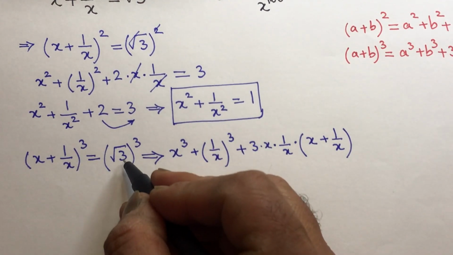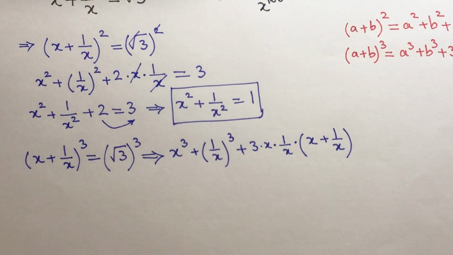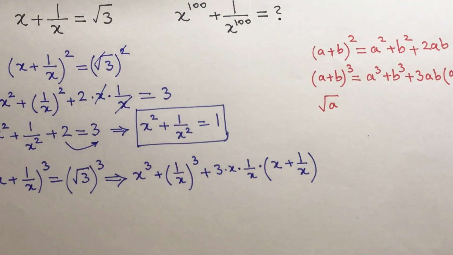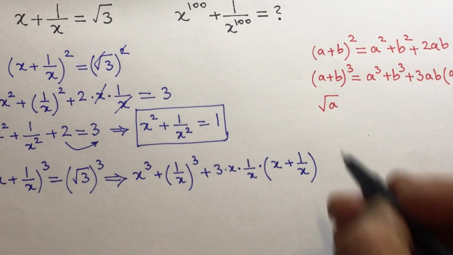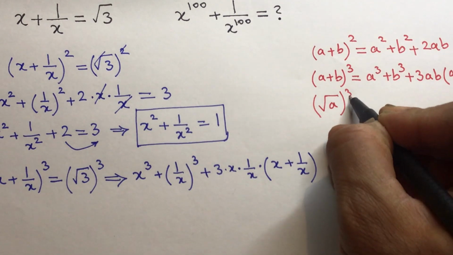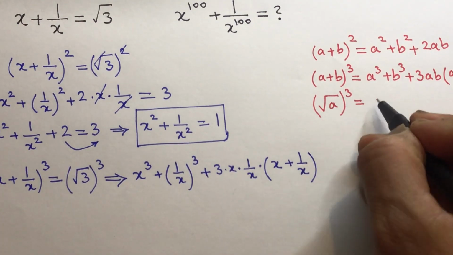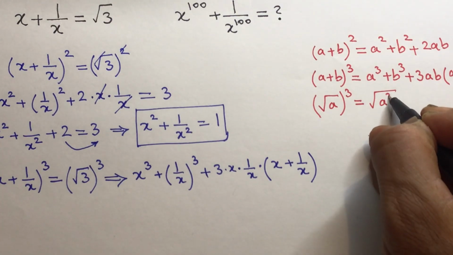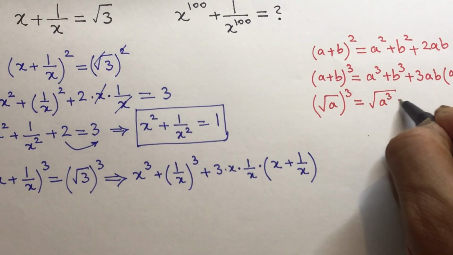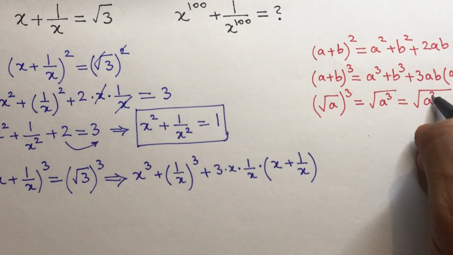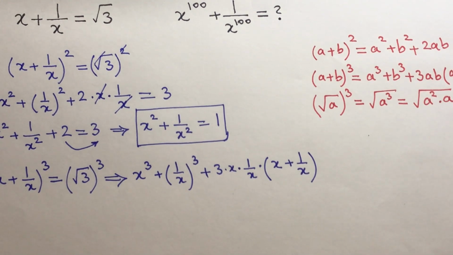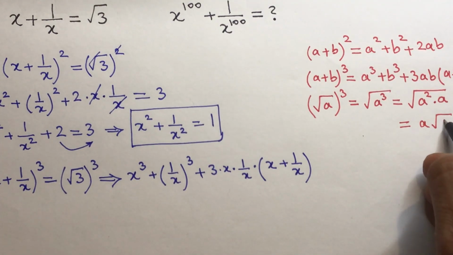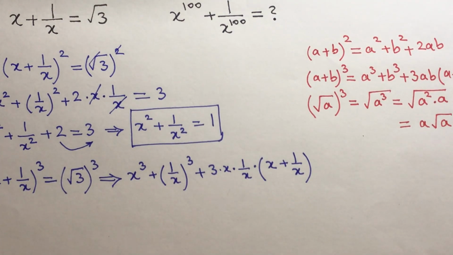And for the right side, you know, when you have any radical expression to the power of 3, you can write a cubed as a squared times a, and it could be written like a times the square root of a.